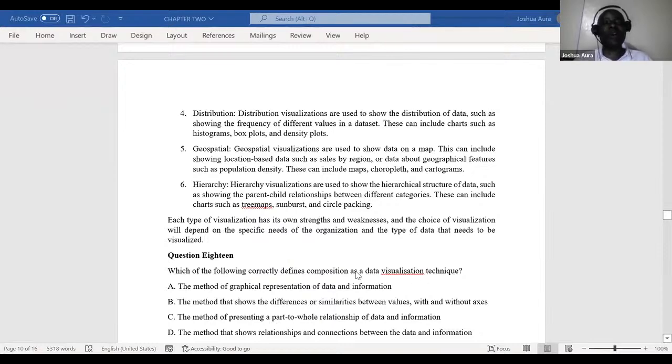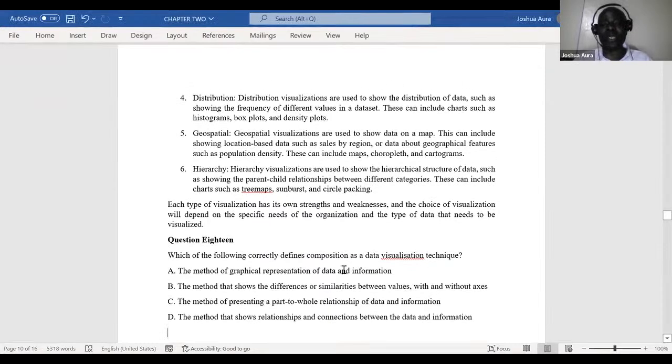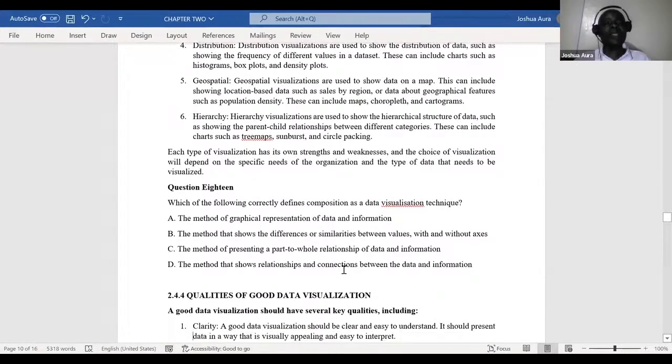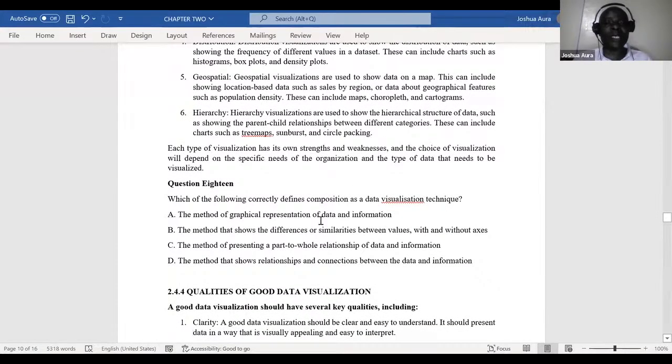A: The method of graphical representation of data and information. B: The method that shows the differences or similarities between values with and without axes. C: The method of presenting a part to whole relationship of data and information. D: The method that shows relationships and the connections between the data and information.